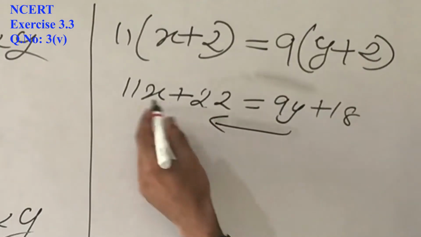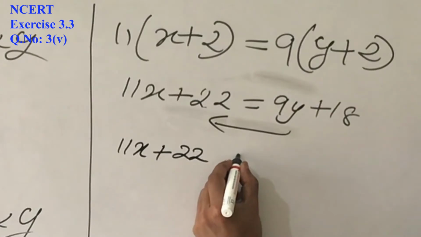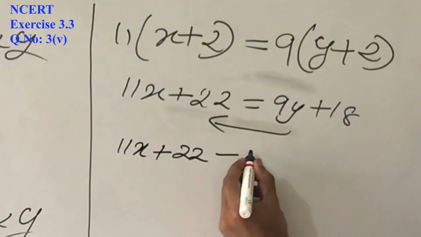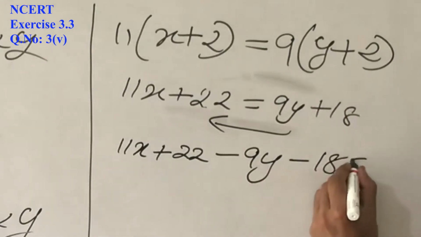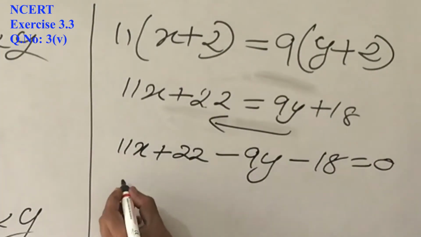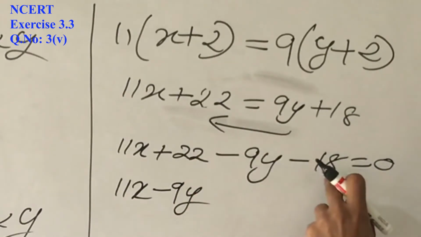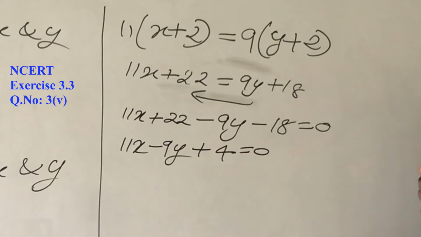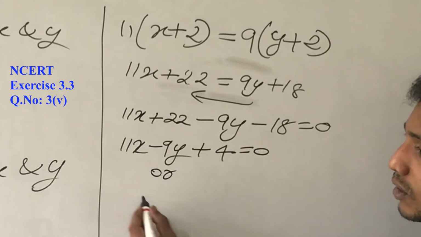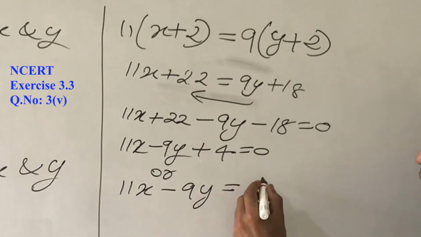Now take these terms to the left side: 11x plus 22 minus 9y minus 18 is equal to 0. 11x minus 9y plus 22 minus 18, that is plus 4, is equal to 0. Or 11x minus 9y is equal to minus 4.